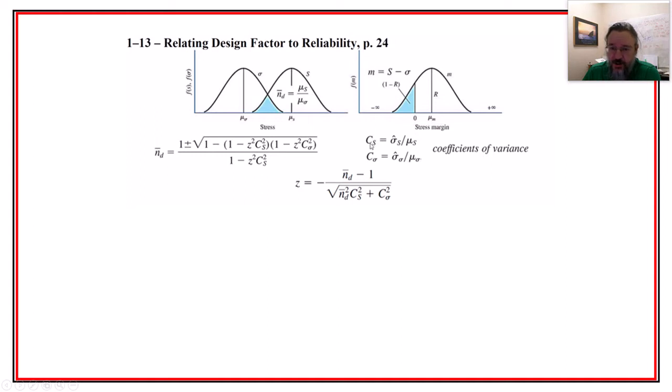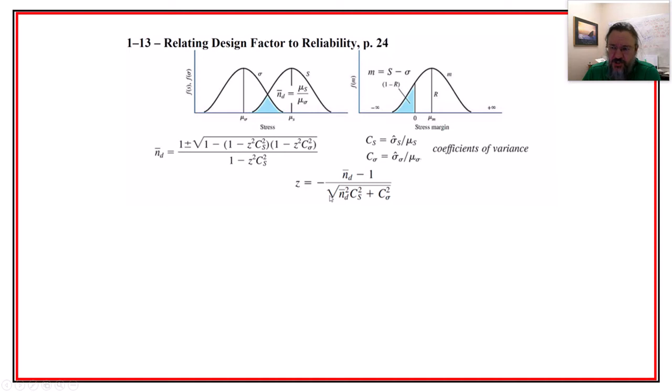You see we have capital C_S and capital C_sigma, and we can put them into this equation and find a design factor, to account for and try to reduce the fact that we're going to have this right here. By having a margin greater than that, we'll be safer.